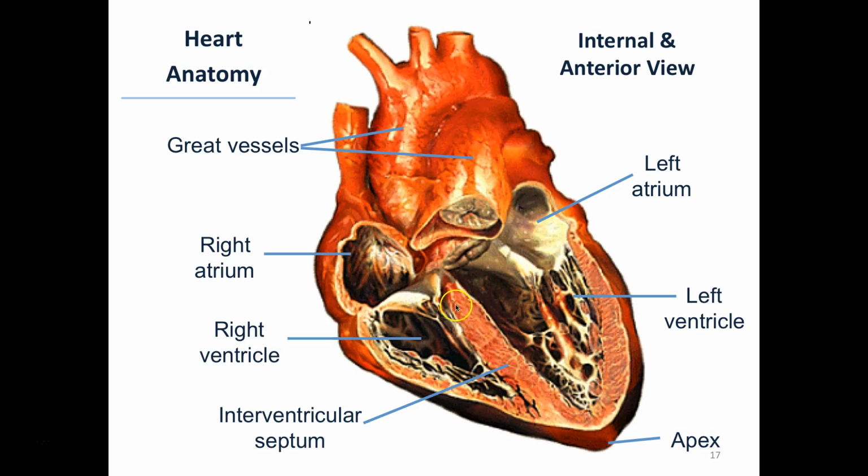The right ventricle pumps blood to the lungs, as we said, and the left ventricle pumps the blood to the rest of the body. And this is why the walls of the left ventricle are very thick when you compare them to the walls of the right ventricle. The right ventricle only has to pump to the lungs, where the left ventricle has to pump to the entirety of the body.